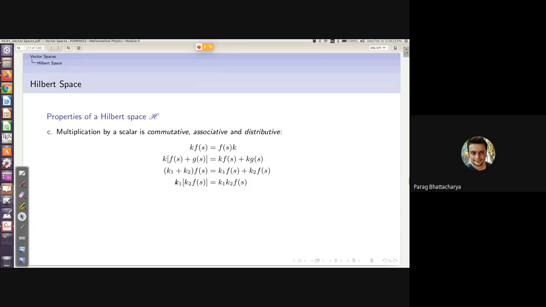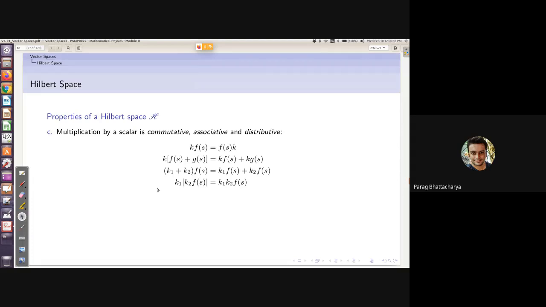And lastly, if I have two constants and a member of the Hilbert space, whether I first multiply one constant to the vector and then multiply the other constant, or whether first I multiply the constants and then multiply with the vector, the result is going to be the same.